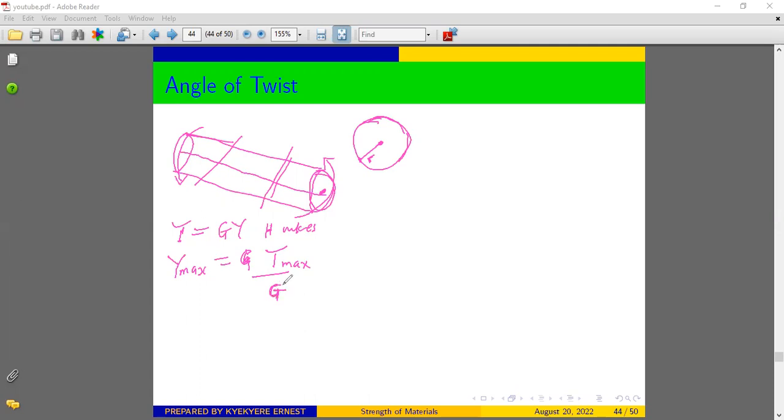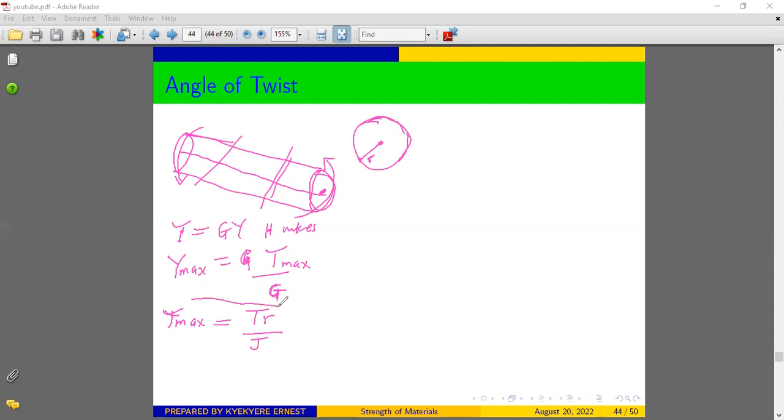The modulus of rigidity. But tau max, the maximum shear stress, is related by the formula T, which is the torque, times the radius over the polar moment of inertia.